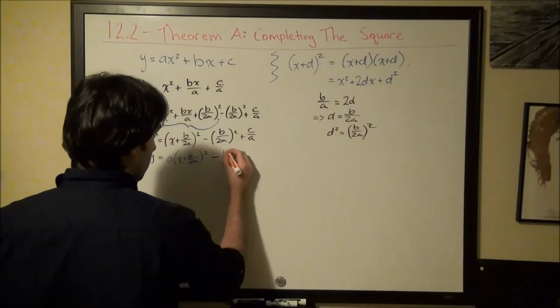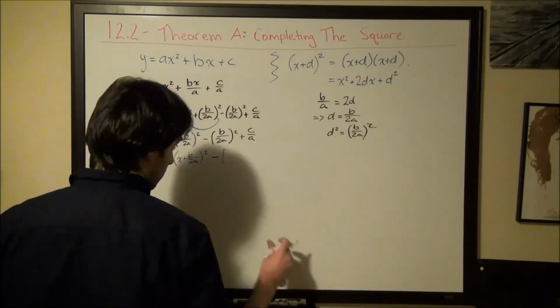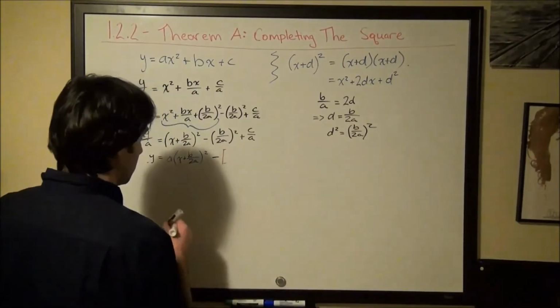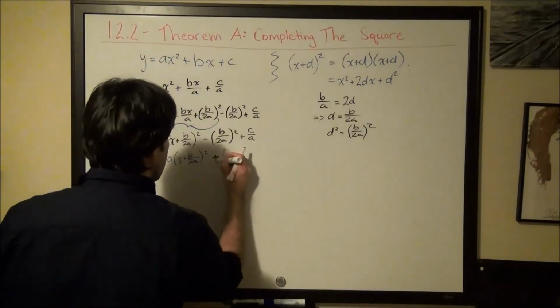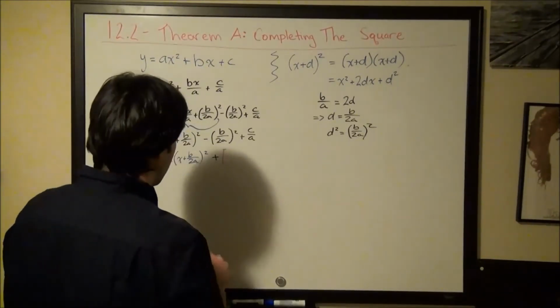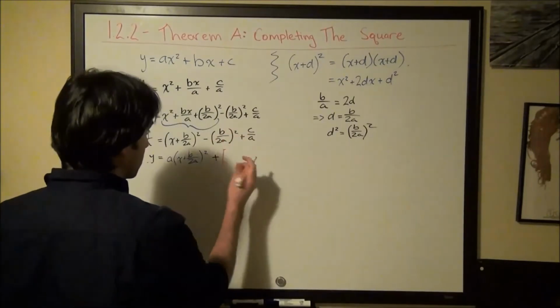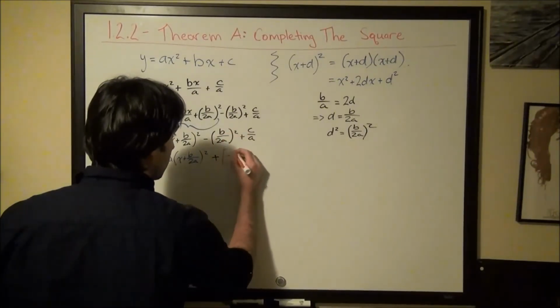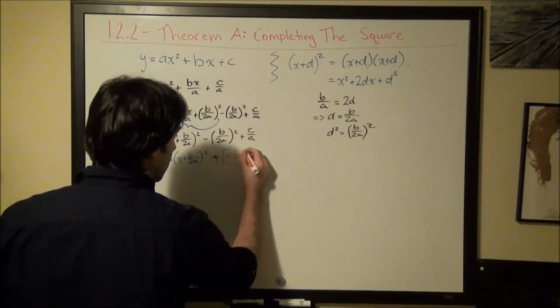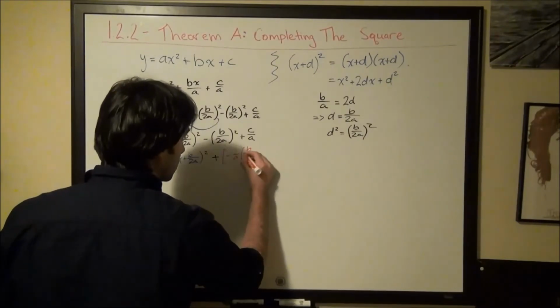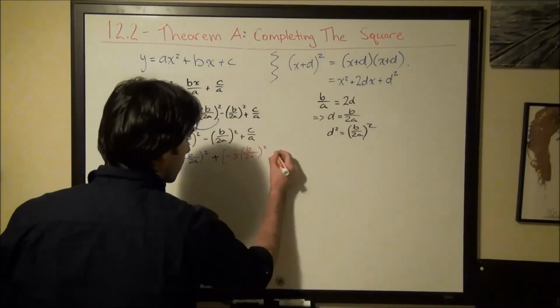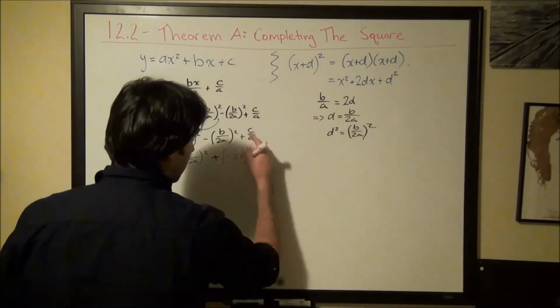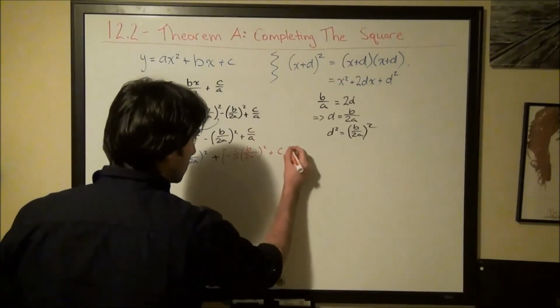Maybe I should make this a plus sign. And then I can just copy this chunk directly into the brackets. So we'll have 1 over a times (b over 2a) squared plus, and then c over a times a will just give me c.